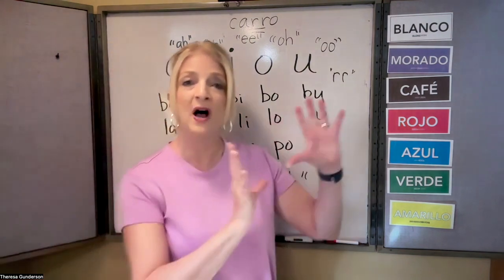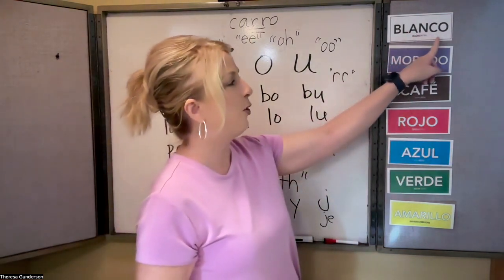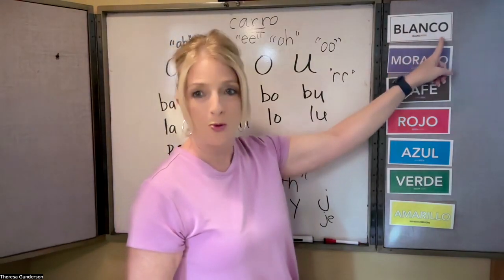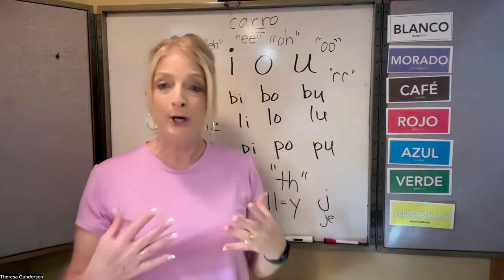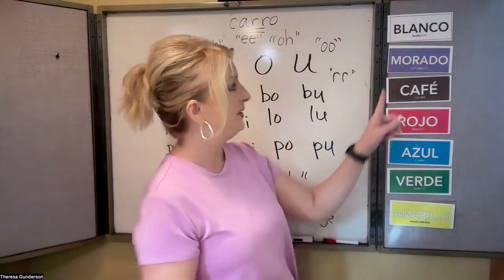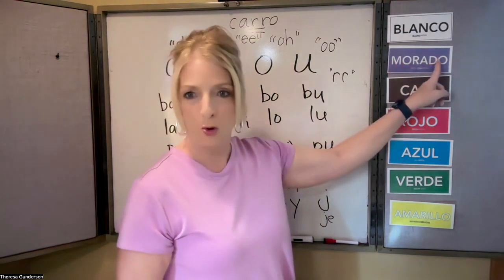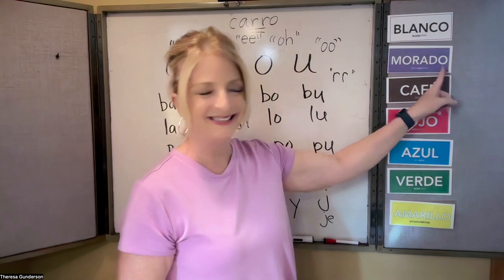Now let's carry those vowel sounds into the color words. Ready? Blanco, blanco. One more time. Blanco. We have the A and the O. Blanco. Purple, we have three vowels. O, A, O. Morado, morado, morado.